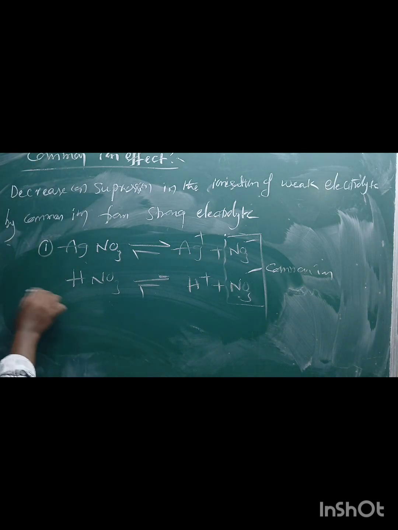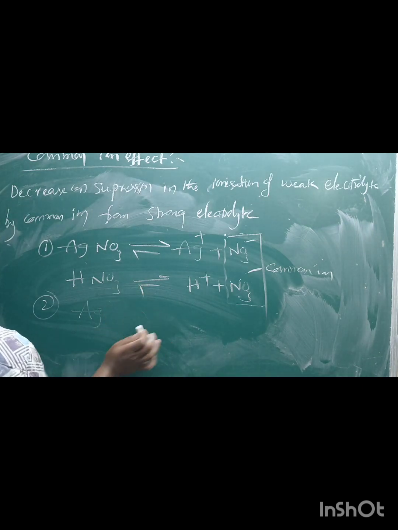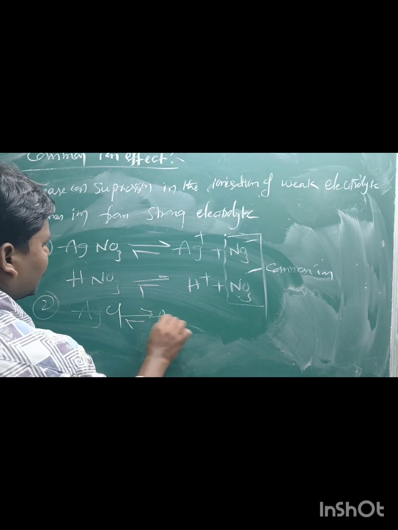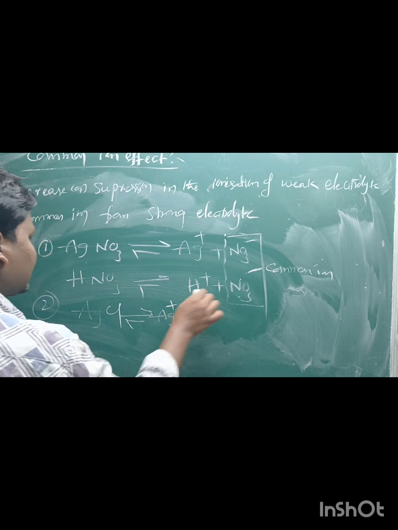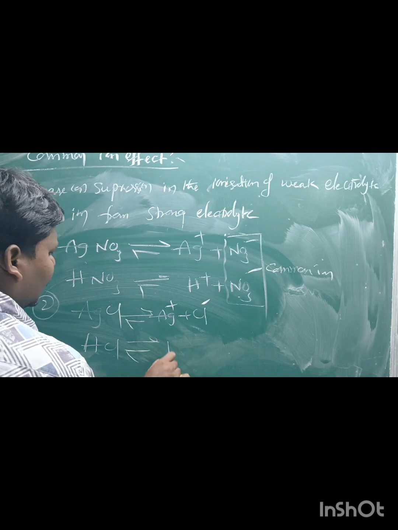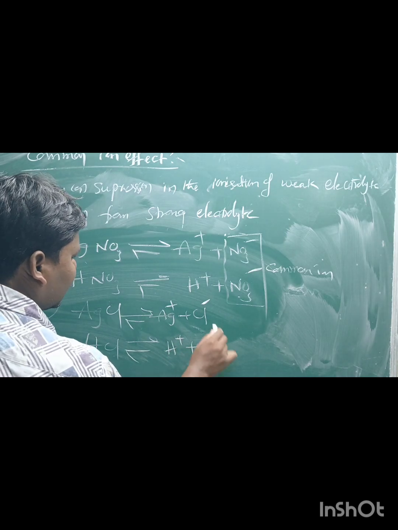To take one more example, AgCl, which can dissociate into Ag plus and Cl minus ions. If you take HCl, it gives H plus and Cl minus ions.